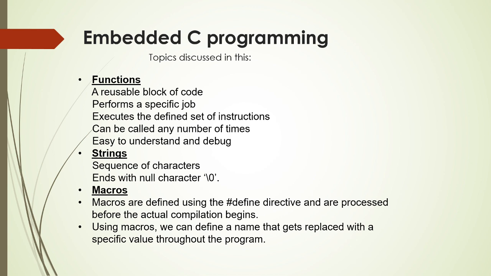Strings are sequences of characters that end with a null character. Macros are defined using the hash define directive and processed before the actual compilation begins. Using macros, we can define a name that gets replaced with a specific value throughout the program.